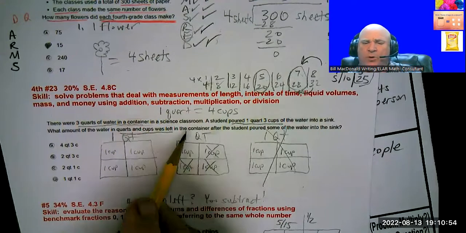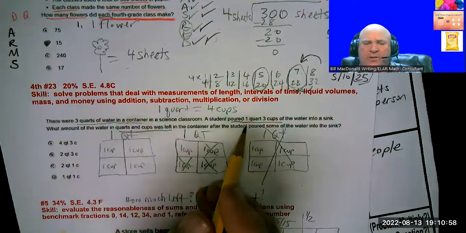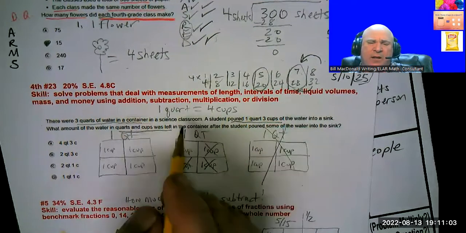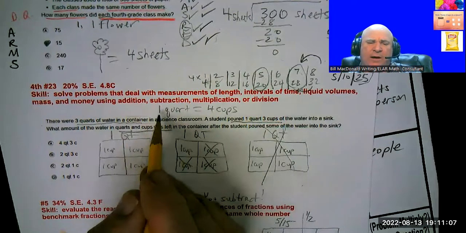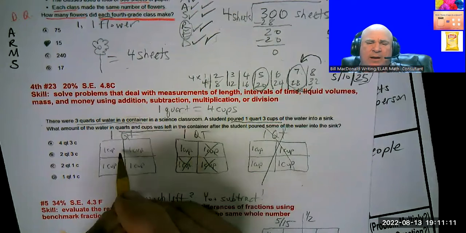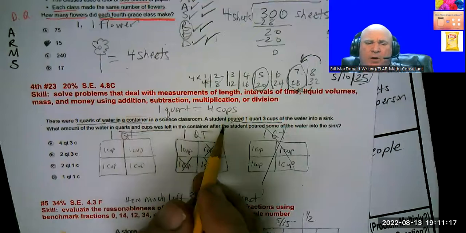A student poured 1 quart and 3 cups of water into a sink. And so that means I'm going to have to remember that my conversion rate is every quart has 4 cups inside. So I drew the 4 cups inside. Once I've done that, I can say, okay, well, they threw away 1 quart, this one here, and 3 more cups.